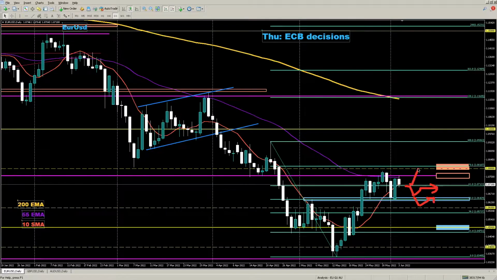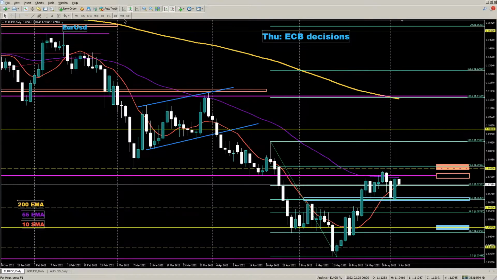Otherwise, if it does climb up to hit the 108, then it's unlikely that it's going to be strong enough to break through higher. So this area seems to be strong resistance for now.